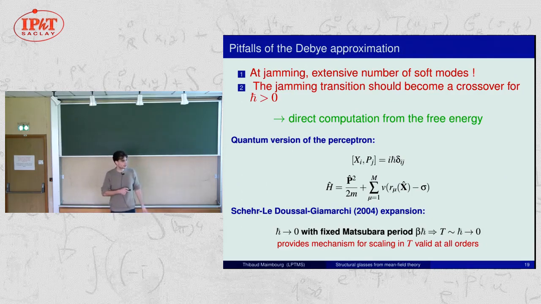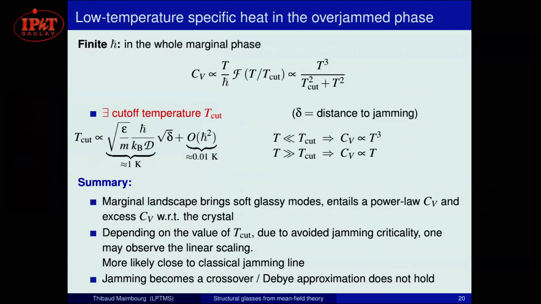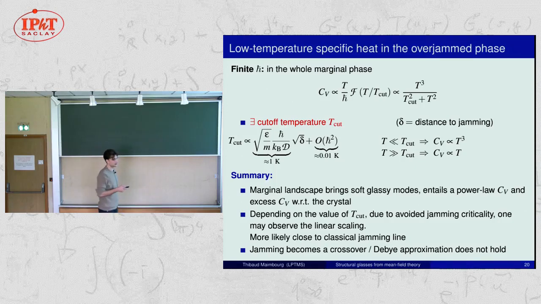So basically the change that it brings is that at finite h bar, in the whole marginal phase, instead of the result I showed you earlier, the specific heat becomes a scaling function of the temperature over some cutoff temperature that appears, which goes in this way at low temperature.